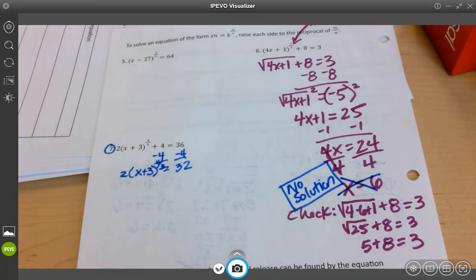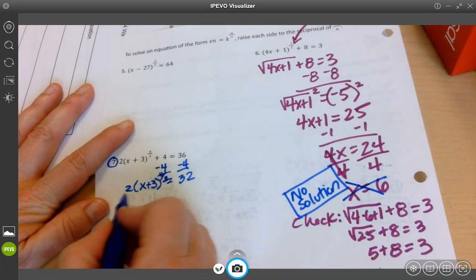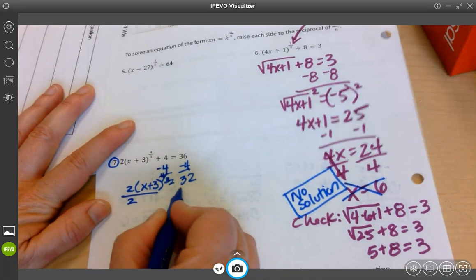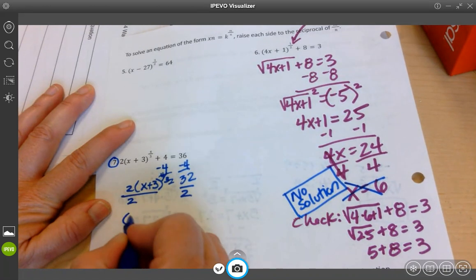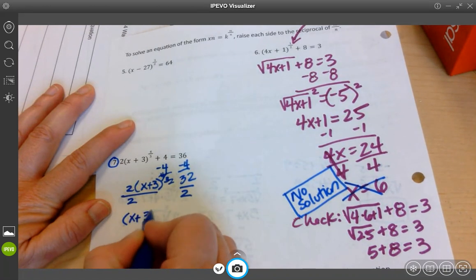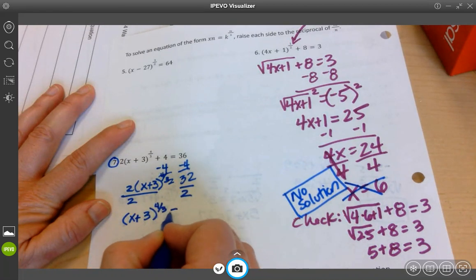Okay, I still don't have the parentheses by itself. I have to get rid of what? The 2. Good. So let's divide to get rid of the 2. So I have x plus 3 to the 4/3 equals 16.